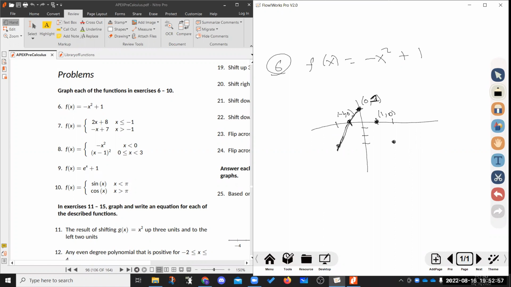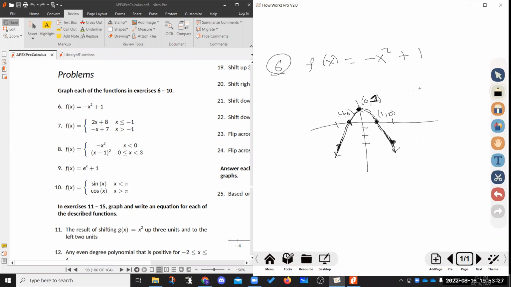I didn't have to actually calculate anything, nor did I have to really do any factoring or anything like that. I based all of my drawing off of the transformations of what was going on here with the reflection, the characteristic points of x², and the vertical shift of +1. So I took my characteristic points, reflected the y value to make it the opposite y value, and then added 1 to them.